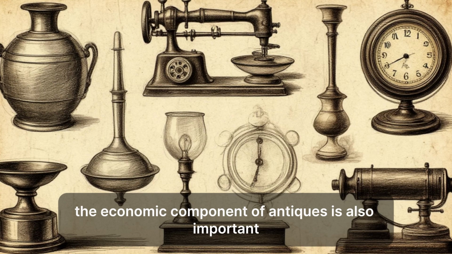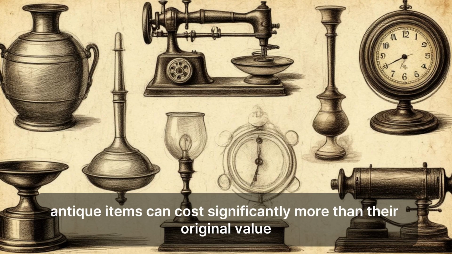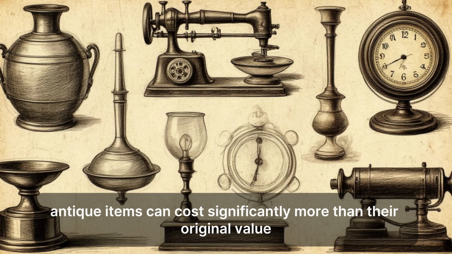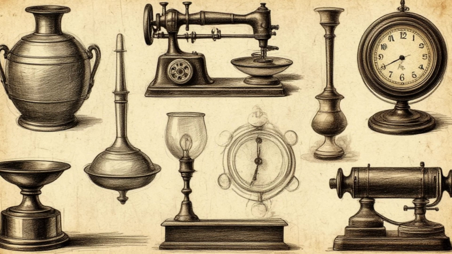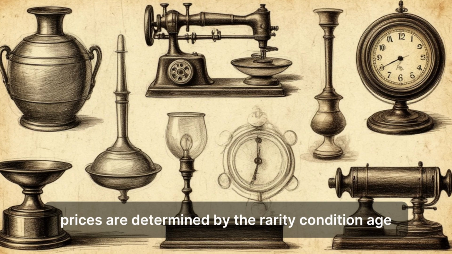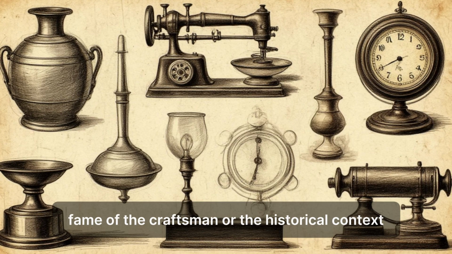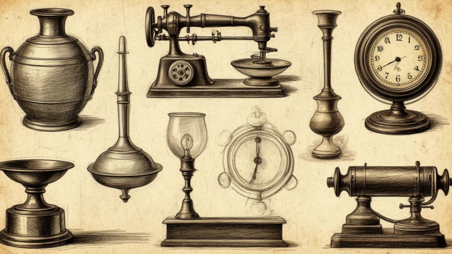The economic component of antiques is also important. Antique items can cost significantly more than their original value on the market. Prices are determined by the rarity, condition, age, fame of the craftsman, or the historical context.